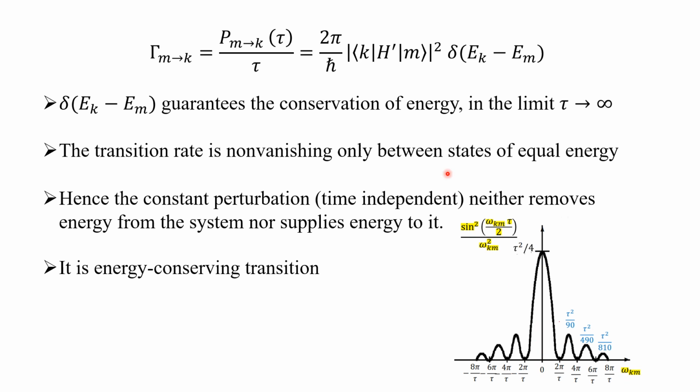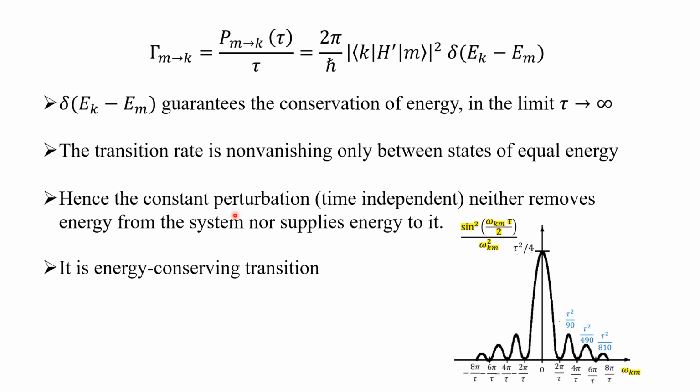Omega km is equal to 0, that is ek minus em is equal to 0. So it is clear that the transition rate is non-vanishing only between states of equal energy. Even if there is a variation, that variation is very small and close to 0.